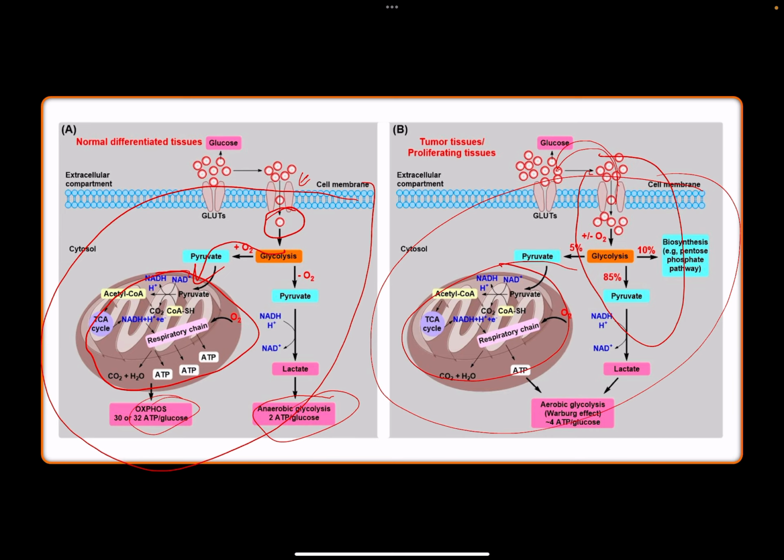So while it's still not going to make a ton of ATP, it at least is doing it at a faster clip of creating that 2 ATP. So that's one thing you're going to see. Another thing you're going to see is that it's going to release a lot of lactate, which actually plays into the other environments for tumor cells.